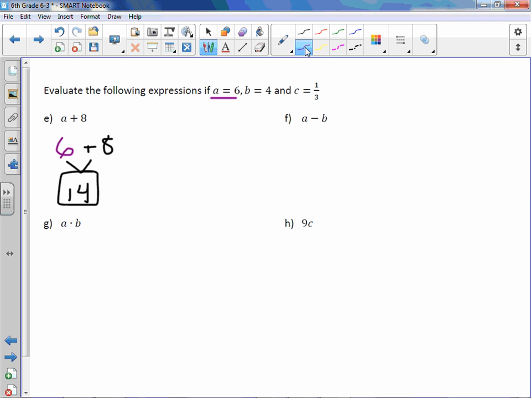Letter F, again we have a, but it's a minus b this time. So replace a with 6 minus, and b is 4, so 6 minus 4, which is 2. Letter G, a times b. So we have 6 times 4, which is 24.